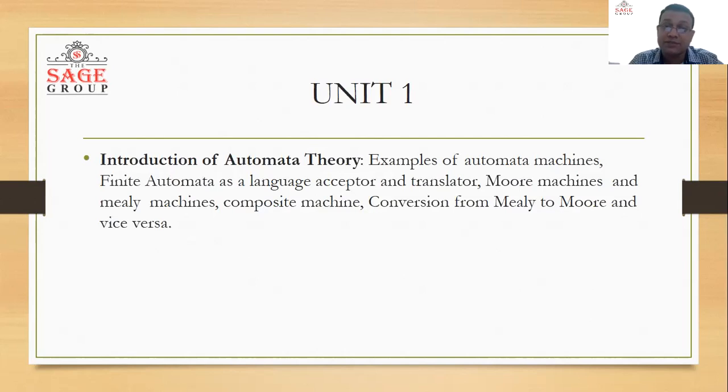and what all automata machines we are going to study in this whole subject. We'll also have an overview of types of machines, that is, finite state machines with output and without output, and their conversion among them. So this is the introduction portion of theory of computation or automata theory.